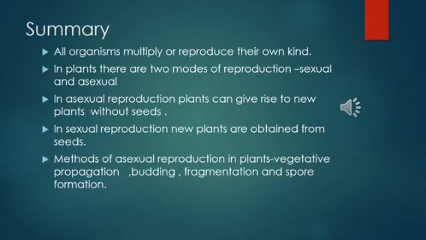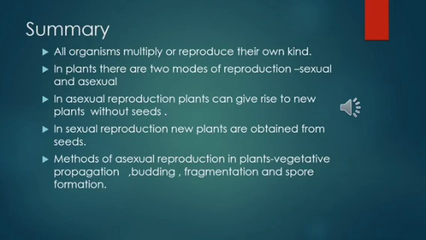Now children, let us summarize the important points from this lesson. All organisms multiply or reproduce their own kind. In plants, there are two modes of reproduction, sexual and asexual. In asexual reproduction, plants can give rise to new plants without seeds.